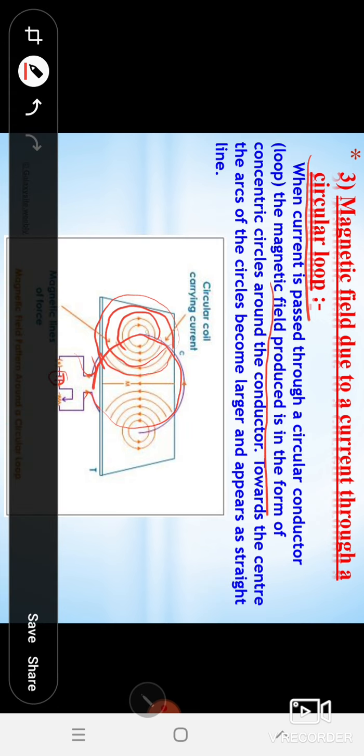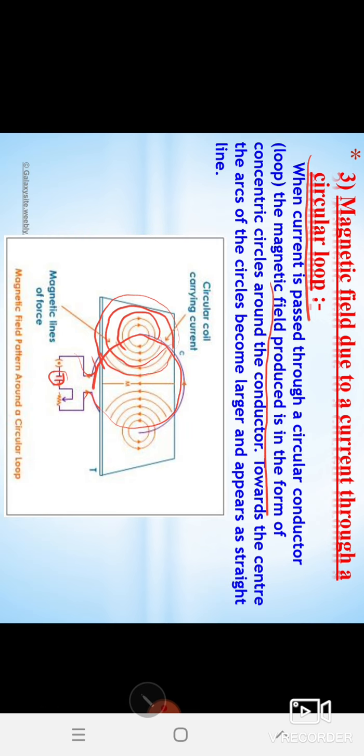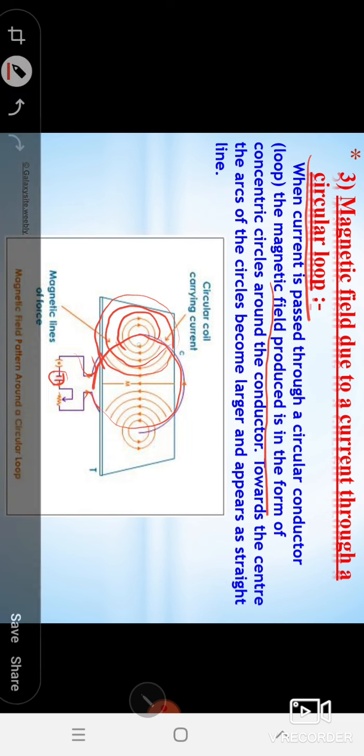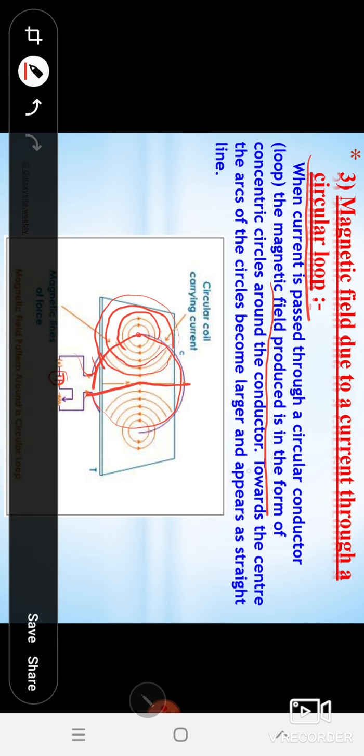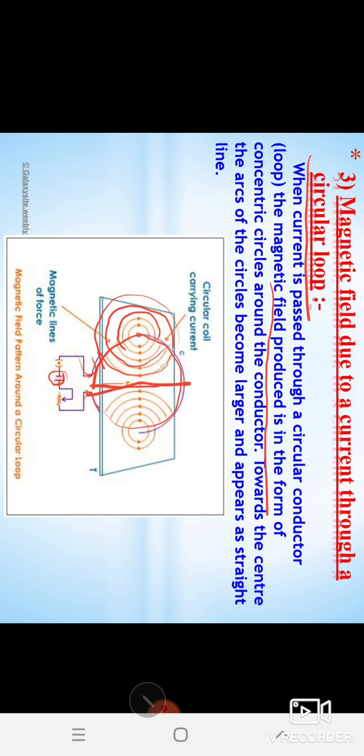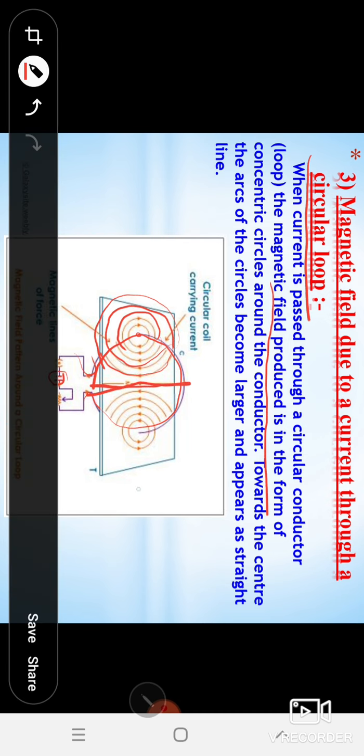If you move away from the center, the concentric circles also go on moving away and become a straight line. That means towards the center the arcs of the circles become larger and larger and appear as a straight line at the center. So this is called the magnetic field due to a current through a circular loop.